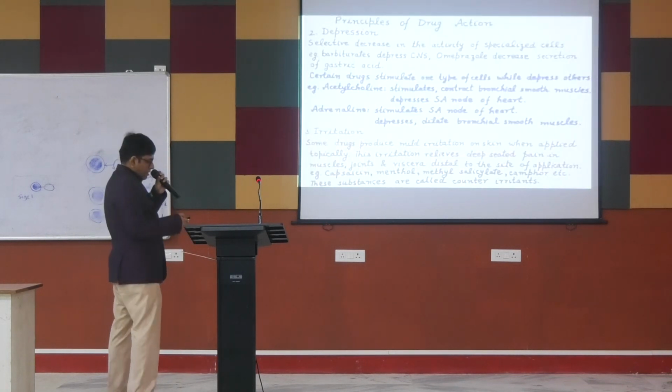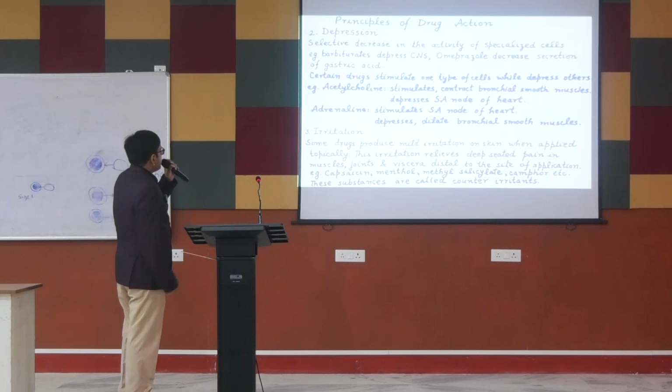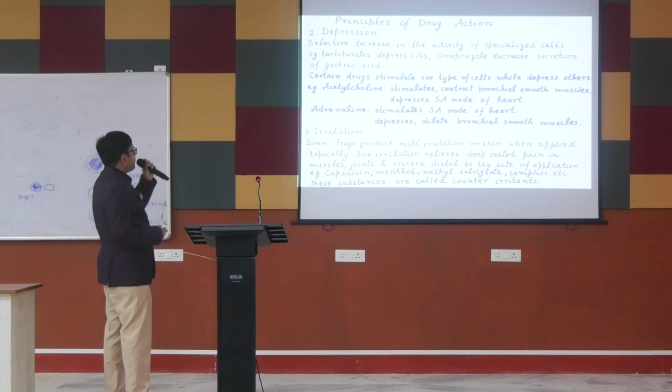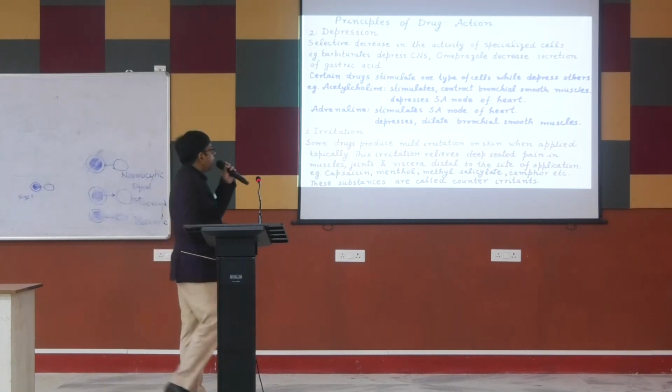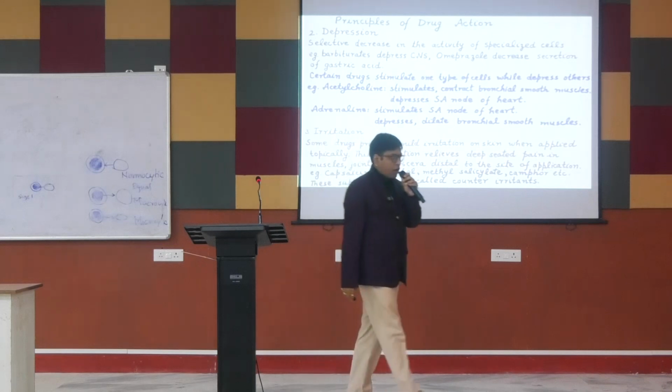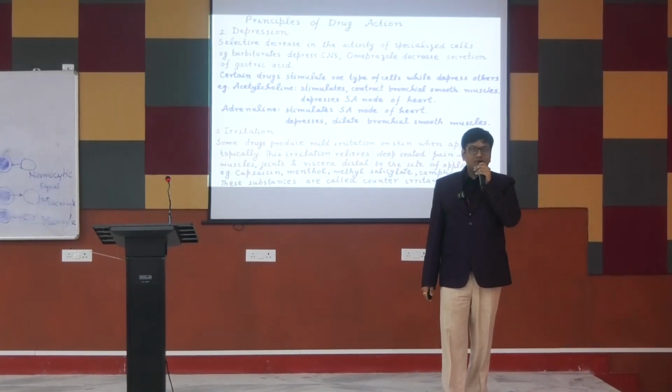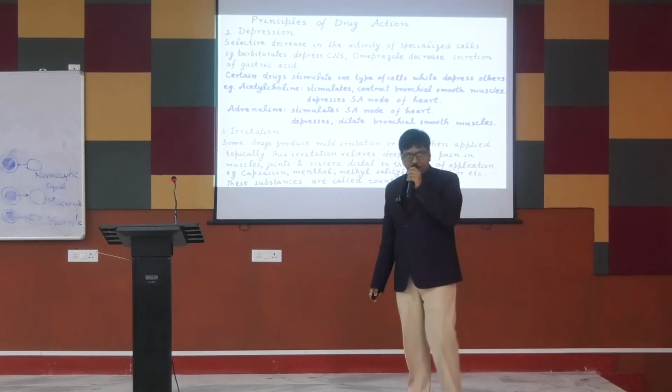Then depression. A drug can also depress specialized cells in the body. Like there is a group of drugs called barbiturates which depress the CNS. Many of you must suffer from hyperacidity, gastric disorder, right? Gastric acid disorder.